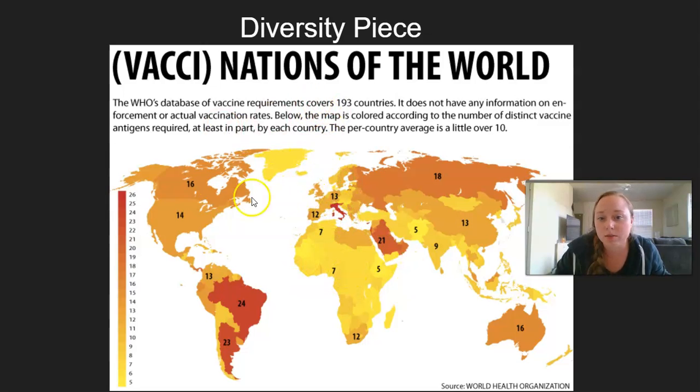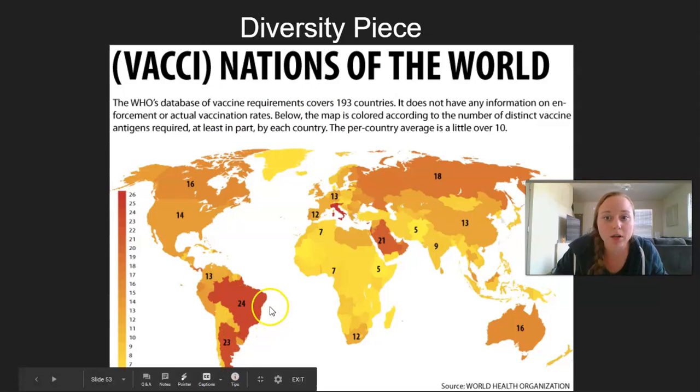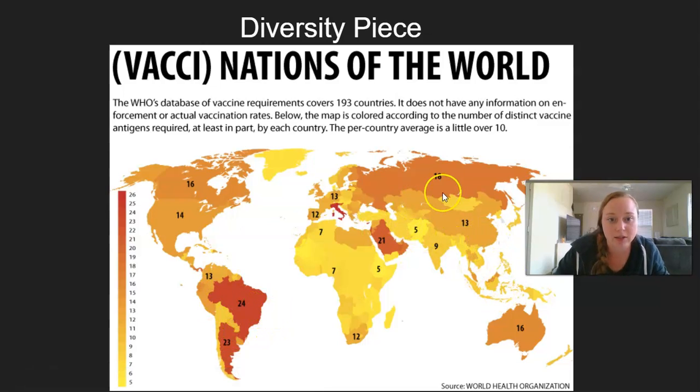So we see some little numbers on here. That is the number of vaccines that that area requires, at least in part. The number that's recommended by the World Health Organization. So you see in the United States of America, we are asked to get about 14 vaccinations.